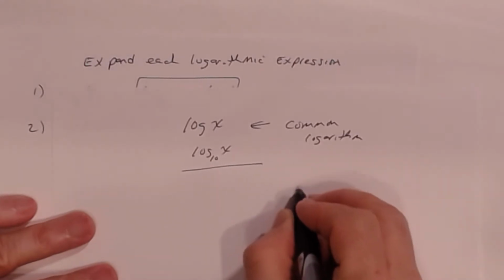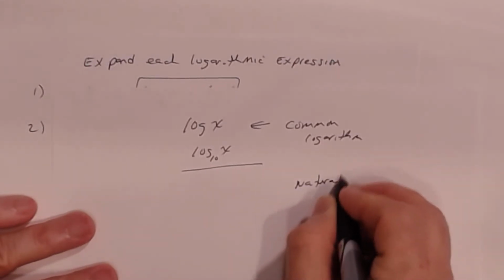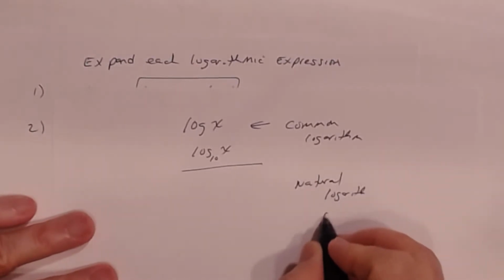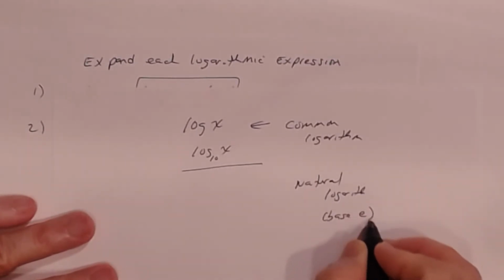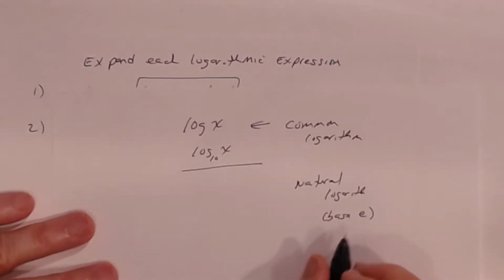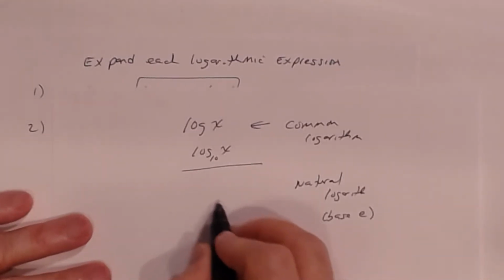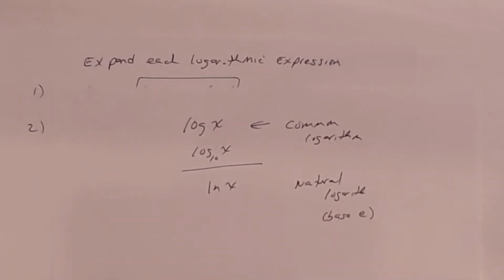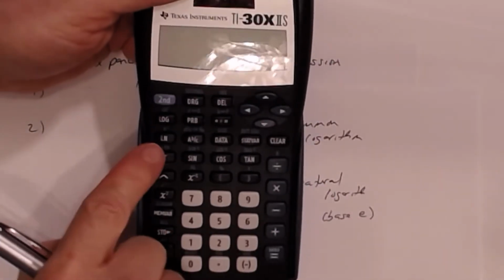You're also going to see the natural logarithm. The natural logarithm is where the base is e, the number e, that irrational number. Here's how it looks: the natural log of x, ln x. On your calculator, you see an ln button right here.